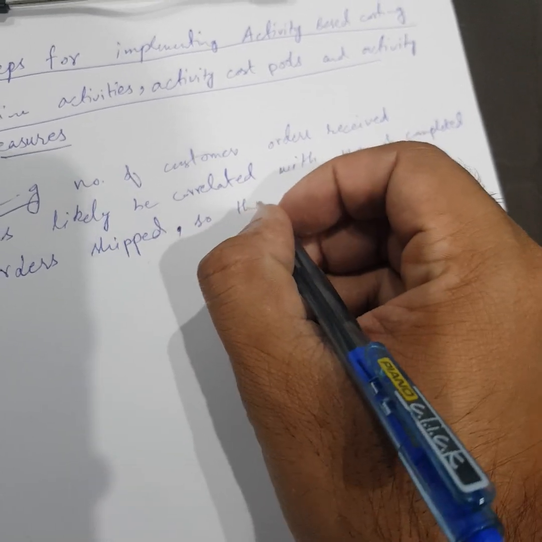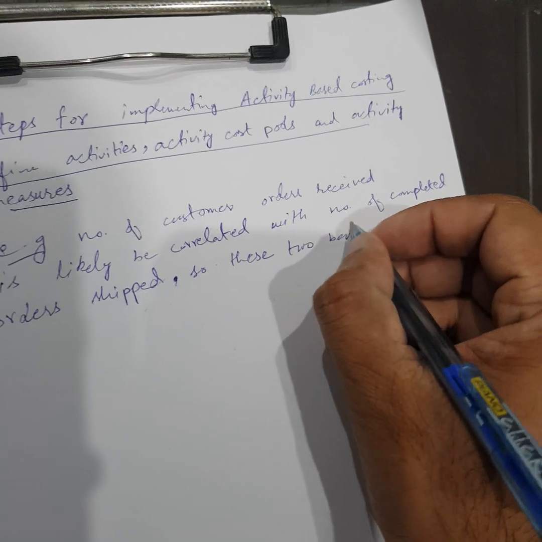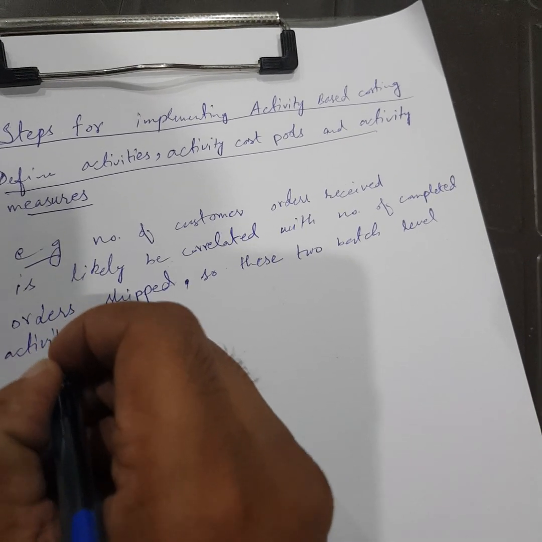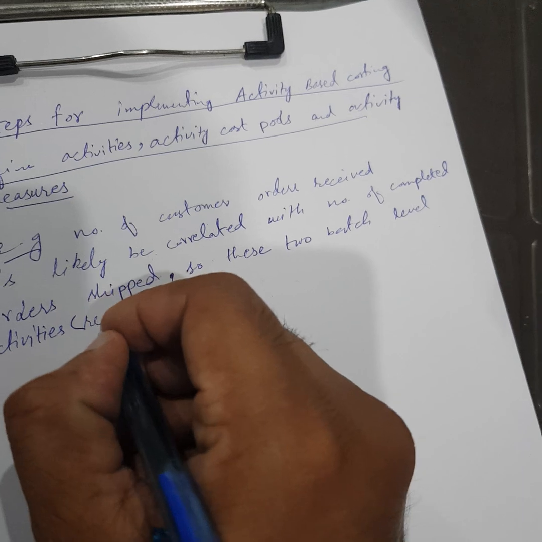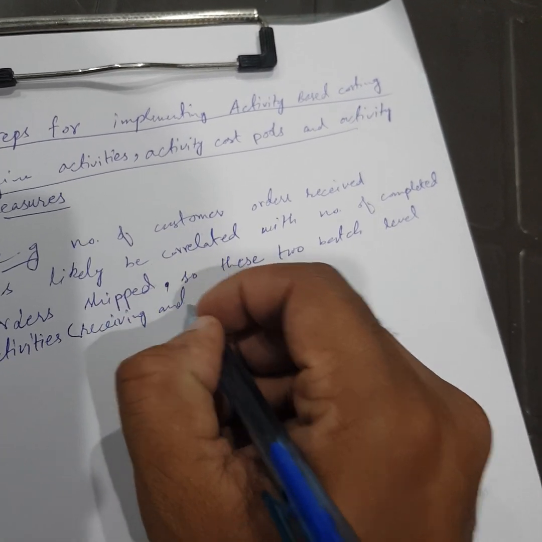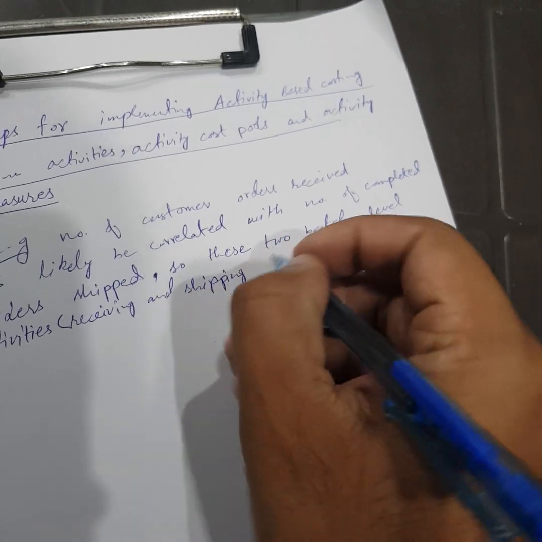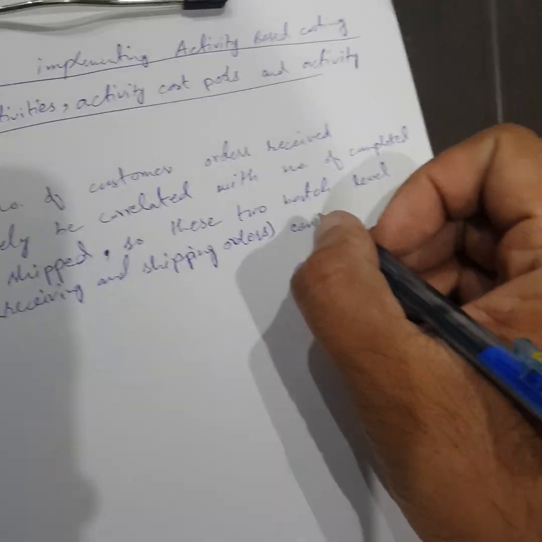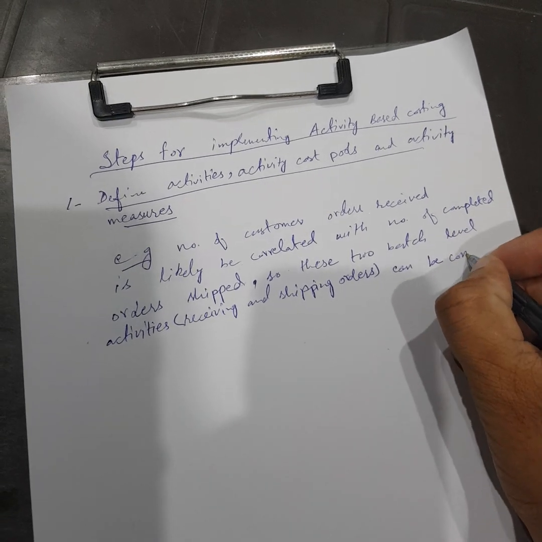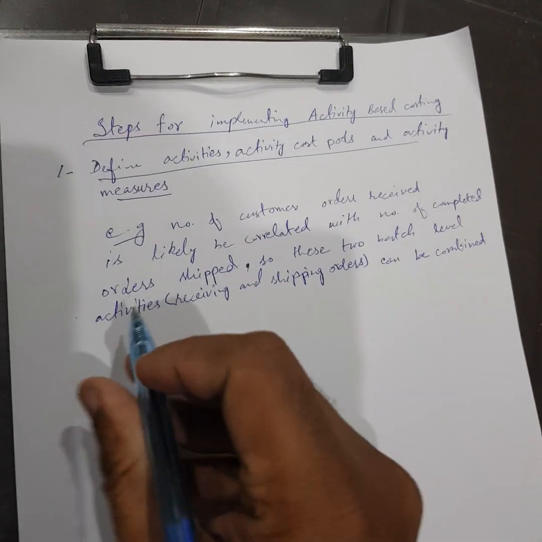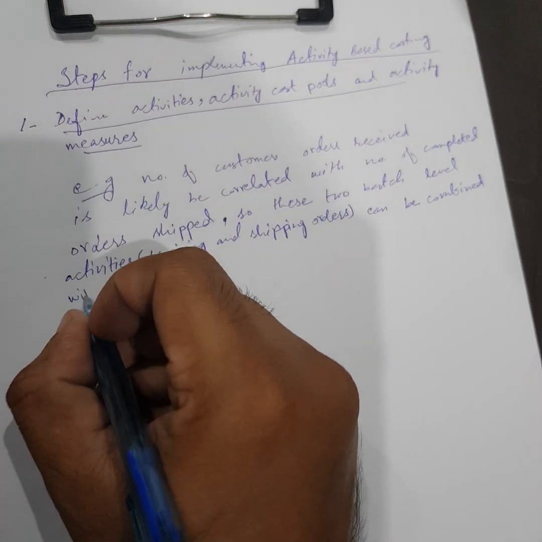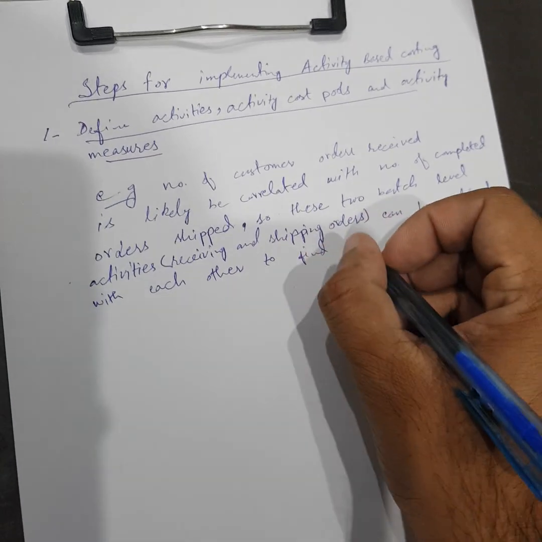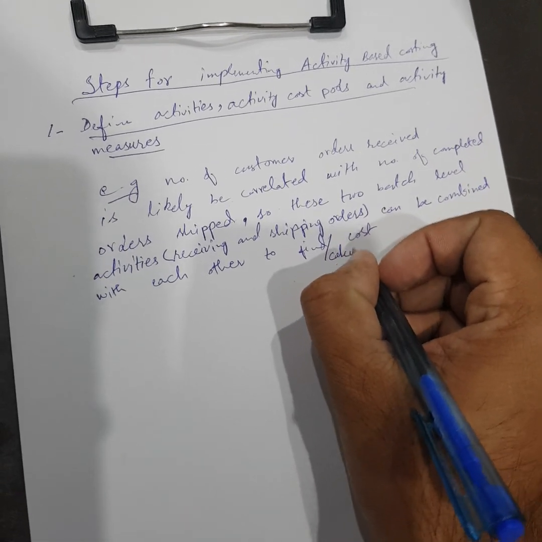So these two batch level activities, like receiving and shipping orders, can be combined with each other to calculate cost.